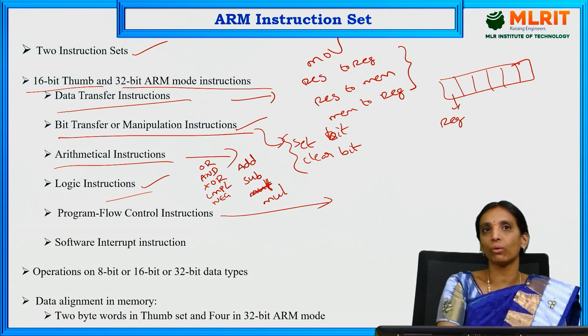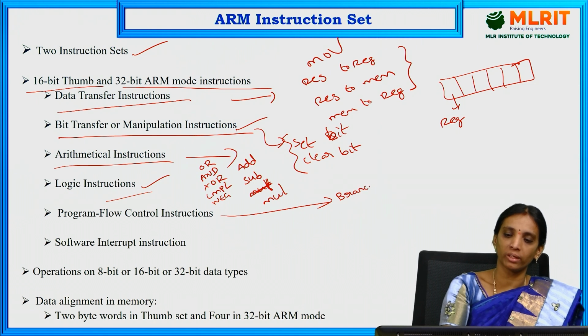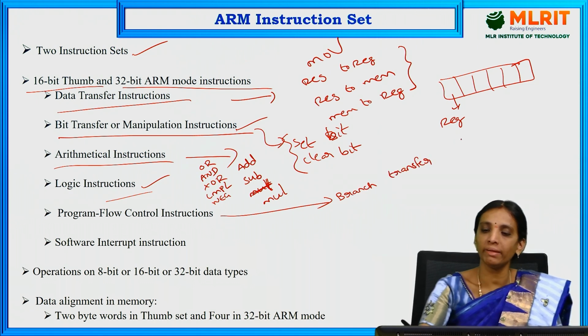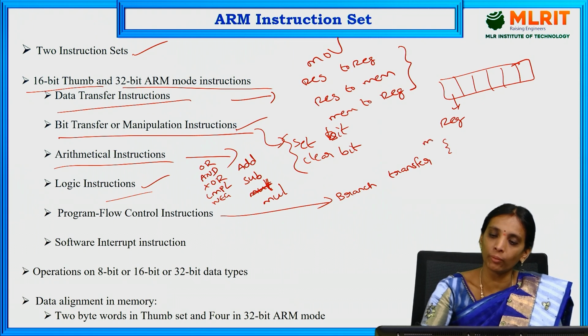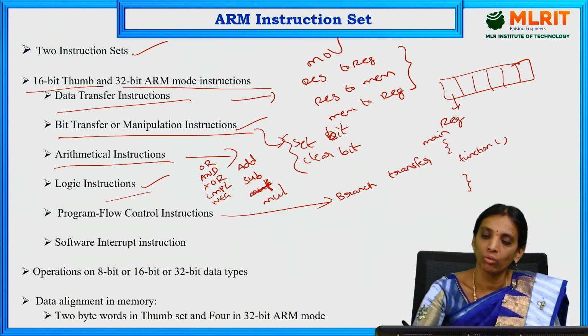These are the same as branch transfer instructions. That means while running the main program, if any function is declared in the main program, the processor will stop execution there and the execution flow will be moved to that function.